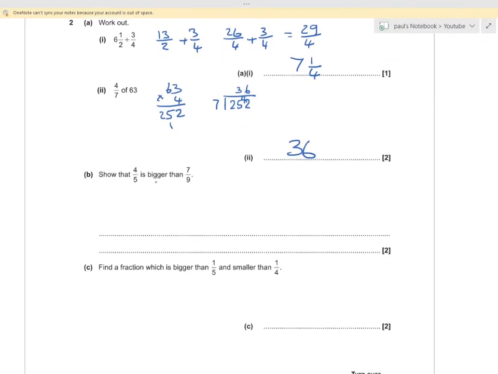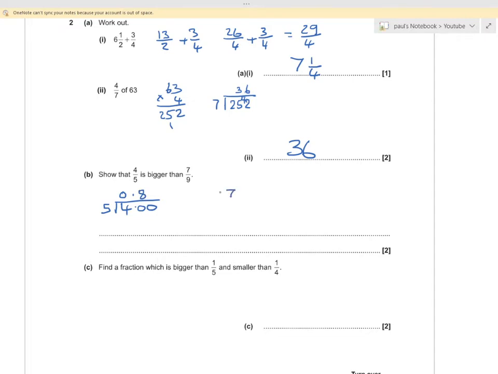Right, show that 4/5 is bigger than 7/9. Any way you like. So I'm going to do 4 divided by 5. 5 eights are 40, so that's 0.8.